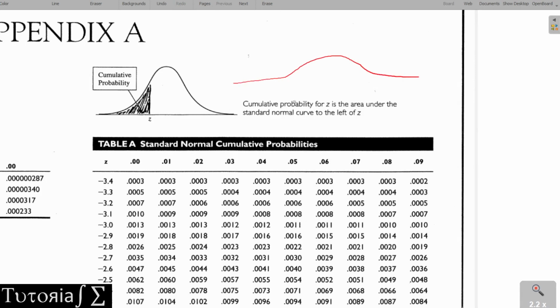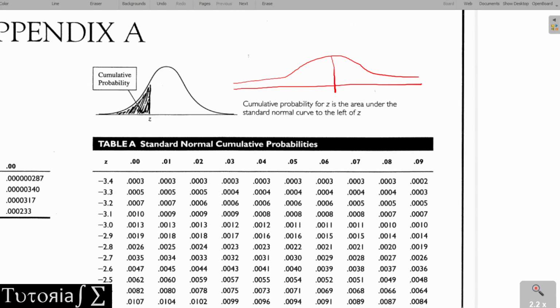Okay, an example could be the number of students who have passed a test, or the students population who have passed or failed the test. So that is the normal distribution. Now the graph of the normal distribution is divided into two parts.